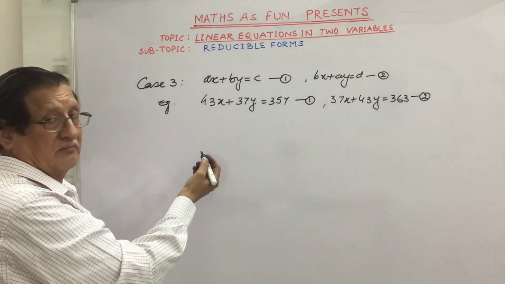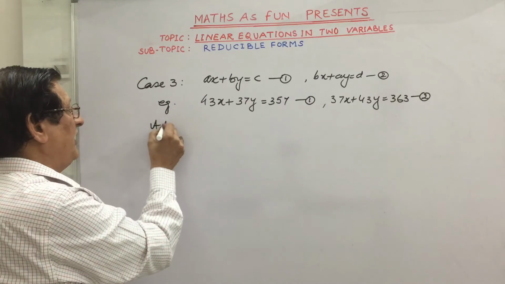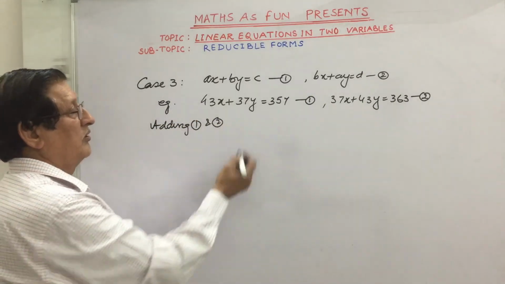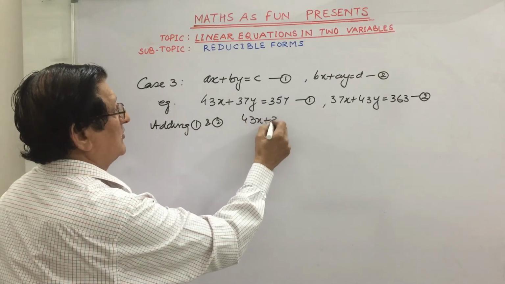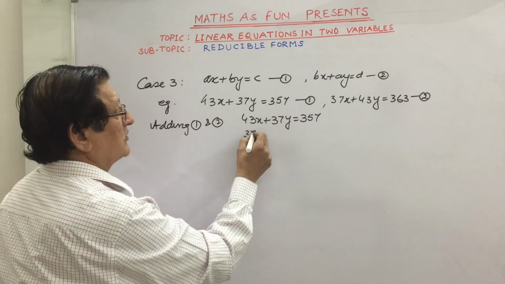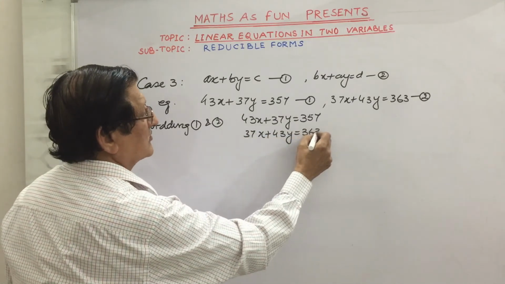What we did, I told you the algorithm, we will be adding 1 and 2. So if we add 1 and 2, 43x plus 37y equal to 357, 37x plus 43y equal to 363.